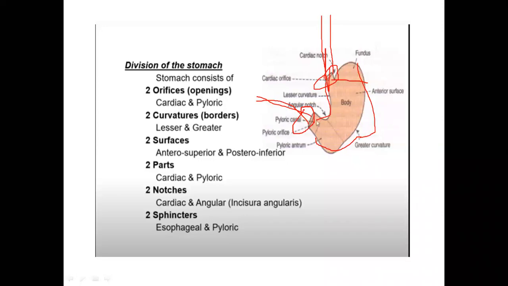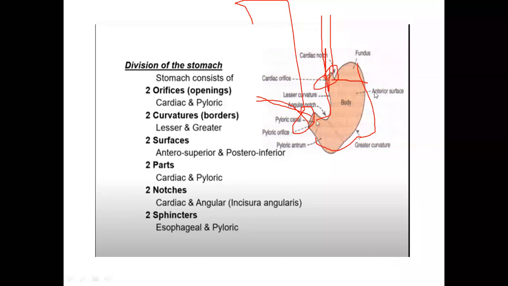So to remember easily, the stomach has two openings or orifices, two curvatures, two surfaces, two parts, two notches, and two sphincters.